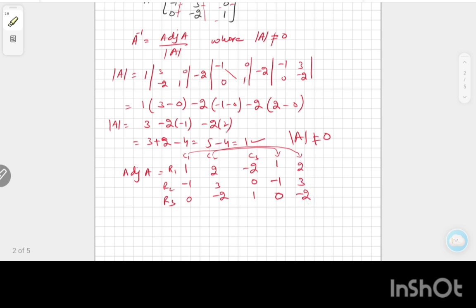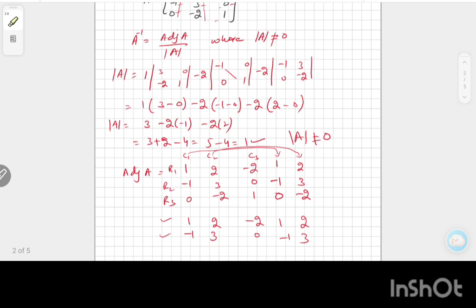Dear friend, you have to understand. Now here we have to repeat row 1: 1 2 minus 2, 1 and 2. Then at the last, repeat row 2. What is row 2? Minus 1 3 0, minus 1 3.